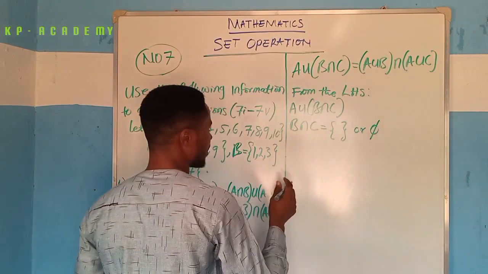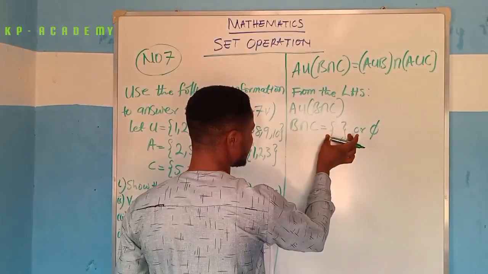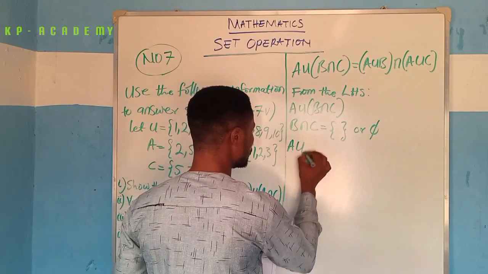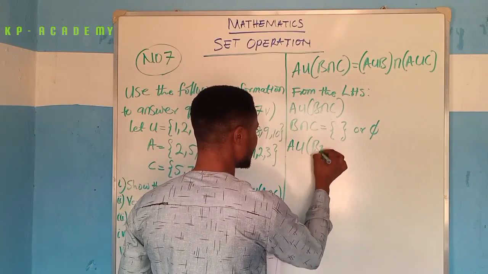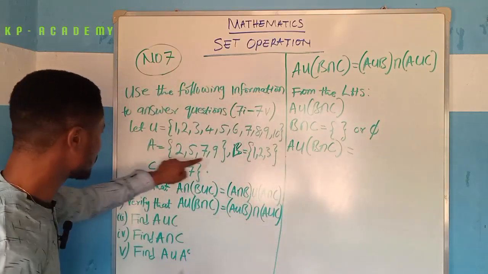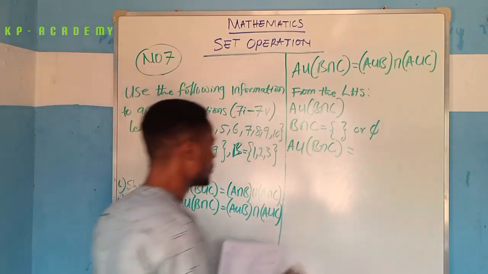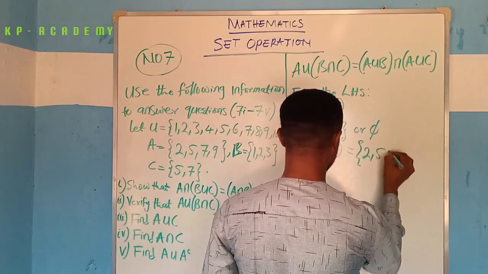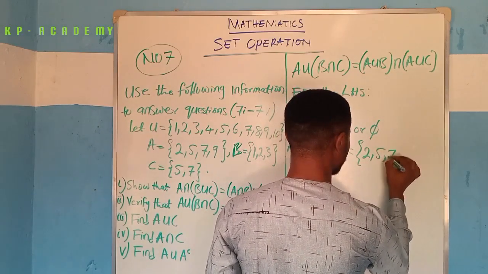Very important. Now this empty set union set A gives nothing but set A again. Therefore, A union into B intersection C is 2, 5, 7, 9.